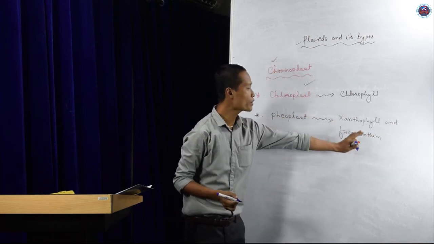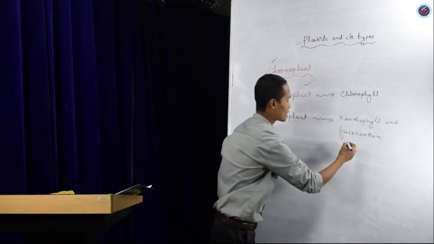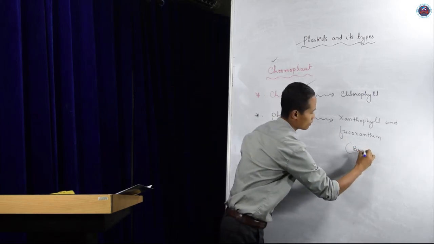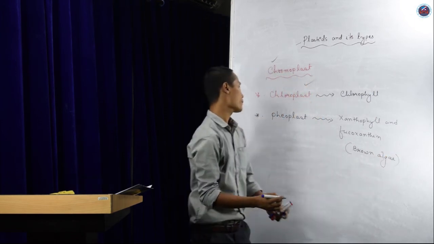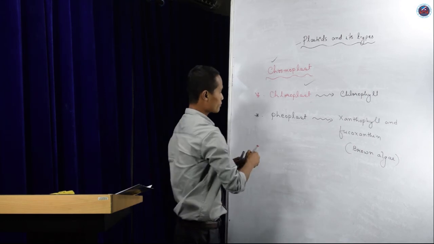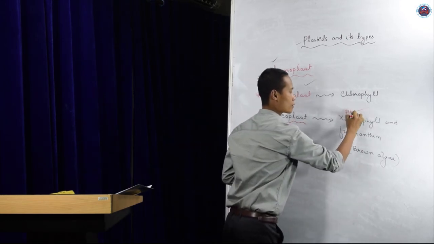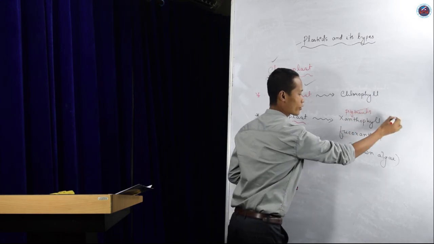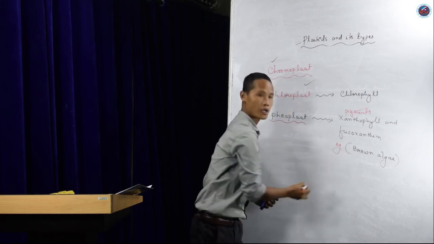These two pigments give brown color, for example in brown algae. And this phaeoplast is a plastid that contains the pigments xanthophyll and fucoxanthin. Example, brown algae.